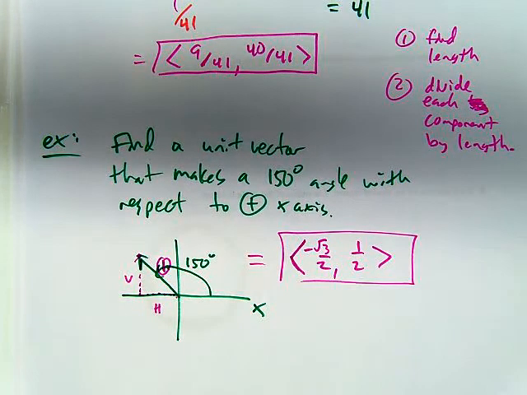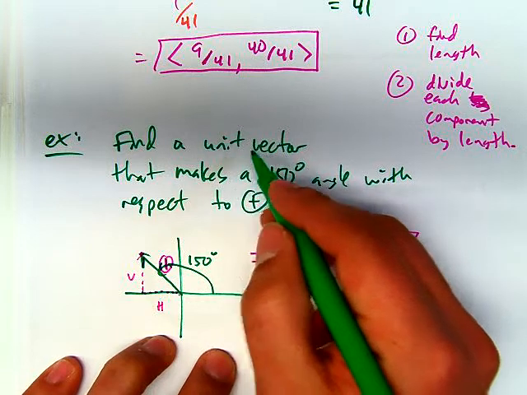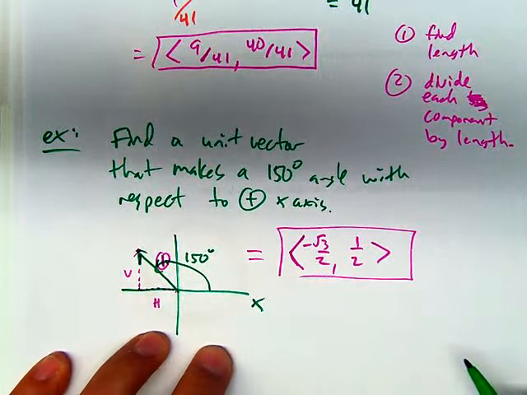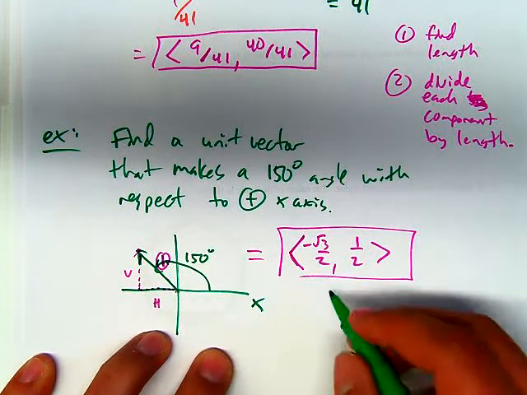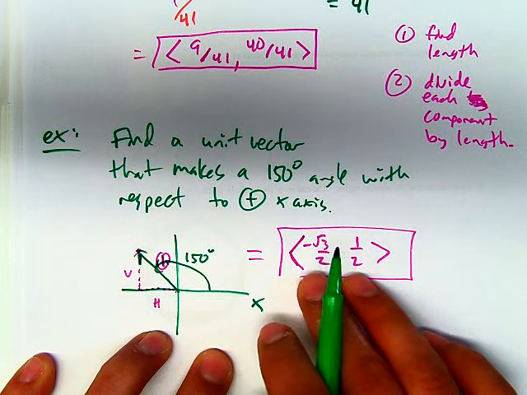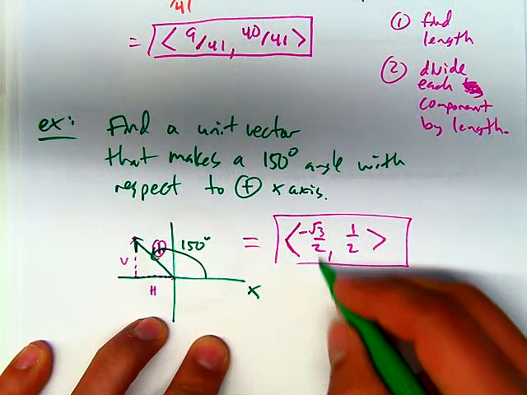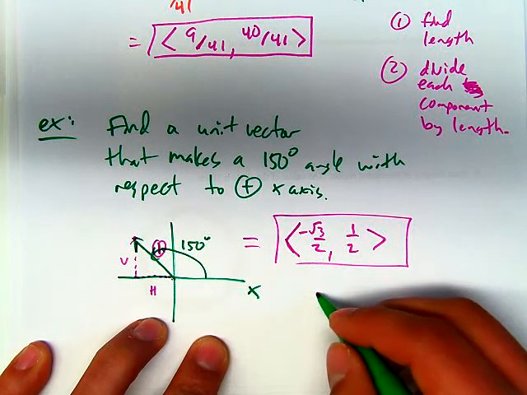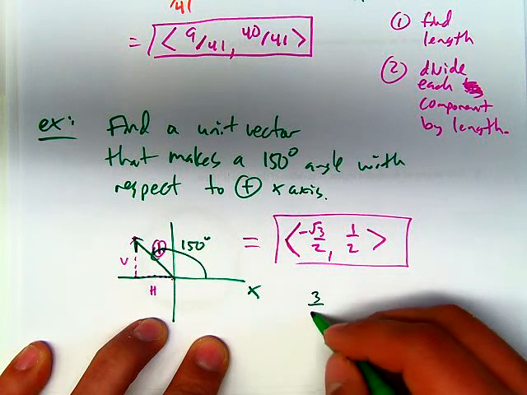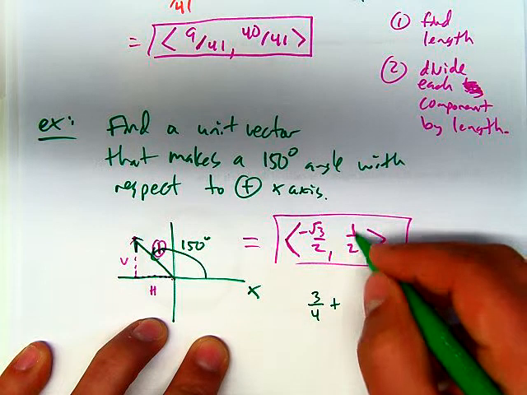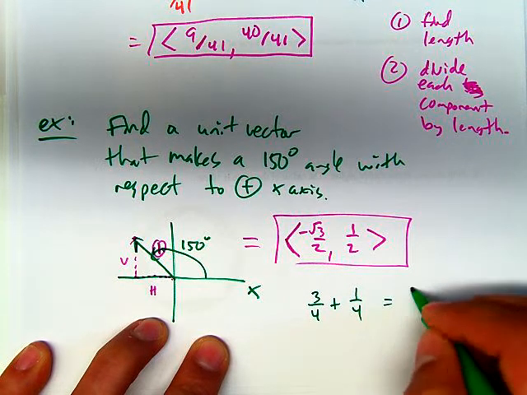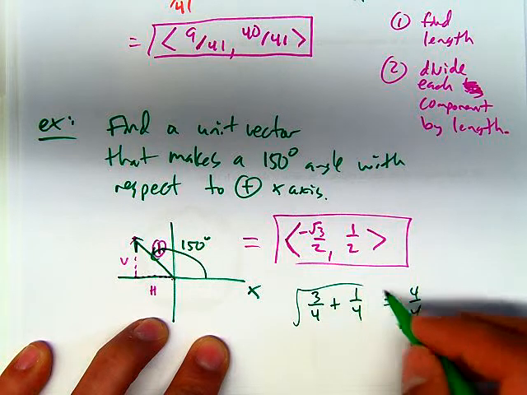Last thing I want to mention, anytime they ask you to find a unit vector, if you want to be real sure that what you have is correct, when you find the length of your answer, it should be 1. So if you quickly check, if I square root 3 and I square 2, that's 4. And if I add that with 1 squared and 2 squared, we get 4/4, right?